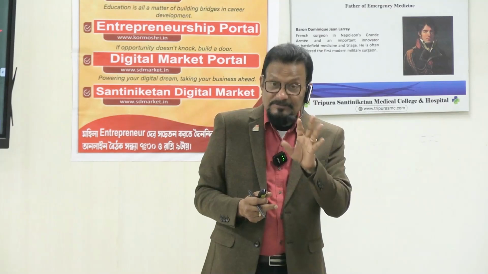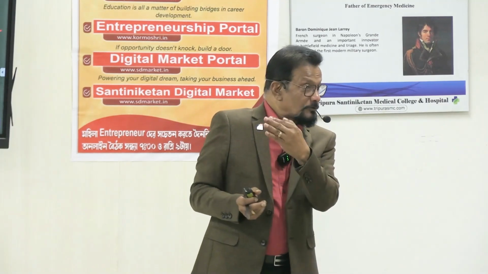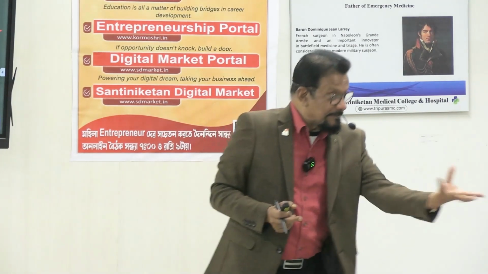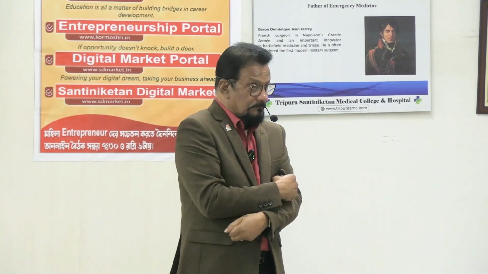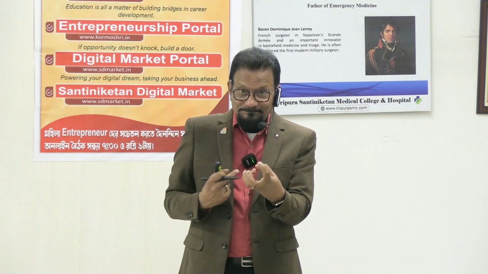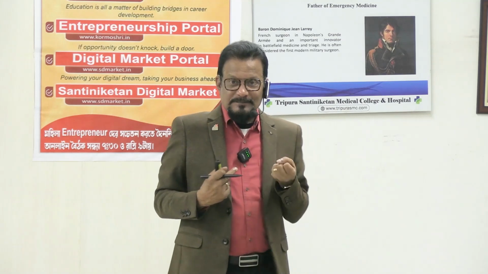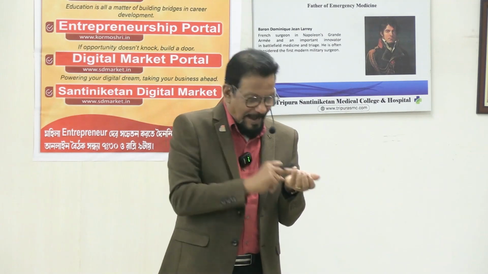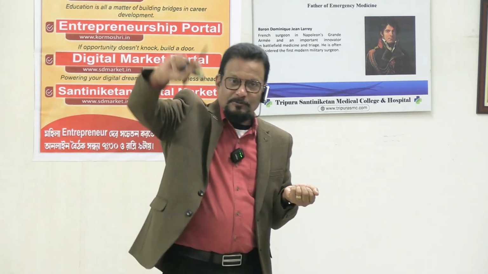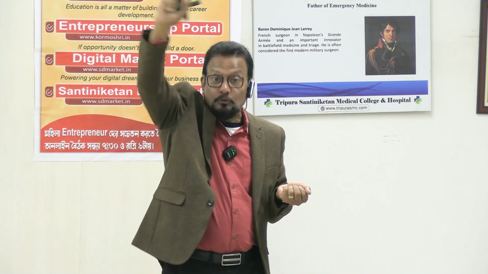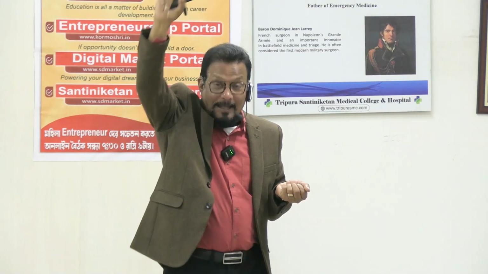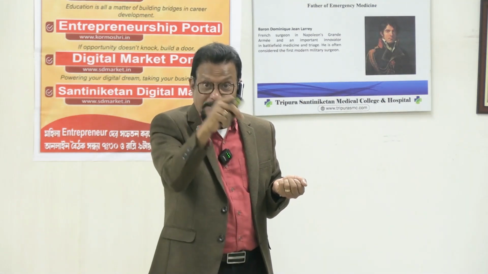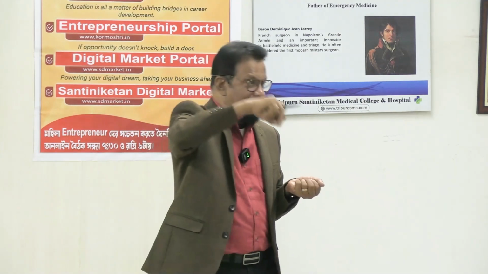Otherwise, since they may pass through the stool, I cannot collect the bile salts from the stool and re-inject them. So what to do? The ileum will absorb this bile salt, and through the portal system it will send it to the liver. So again this liver, while producing bile, will add this bile salt.